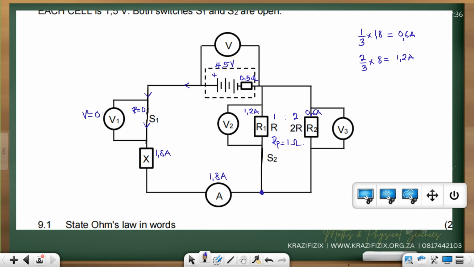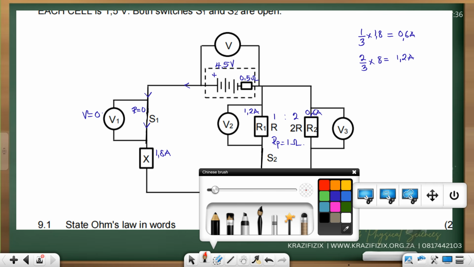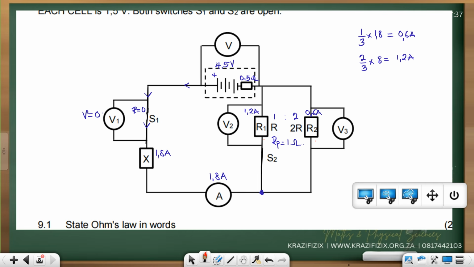I'm using the total resistance and the total current of the parallel branch. No, it cannot be 1.8. Let me quickly explain why it cannot be 1.8. All right. The parallel. Look, V2 will have the same value as V3. Why? They are connected in parallel. All right, check this. If I combine those, look at what I will have.